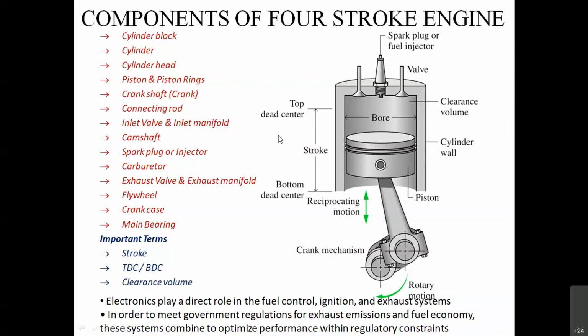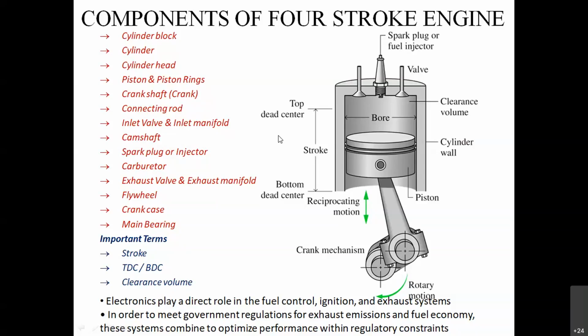Yesterday we covered the components of the four-stroke engine, and the working of the engine was explained through the video. I think Anmol explained how the initial cranking, or the initial movement of the piston, takes place. Is there any doubt in that?